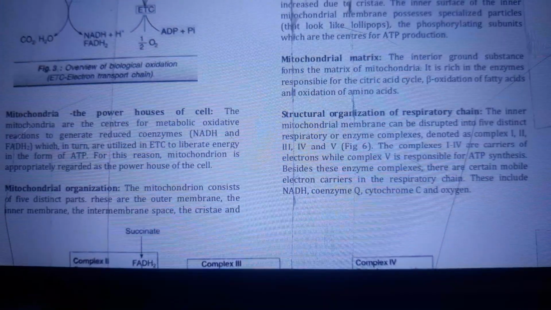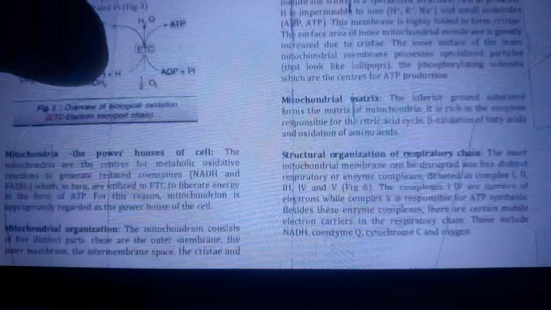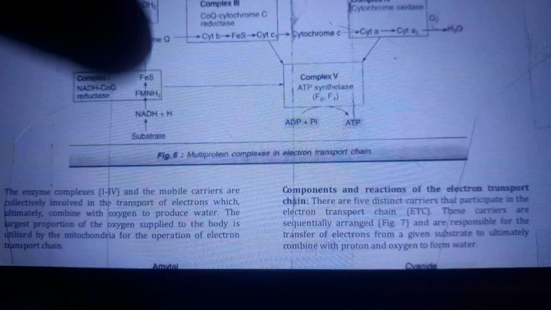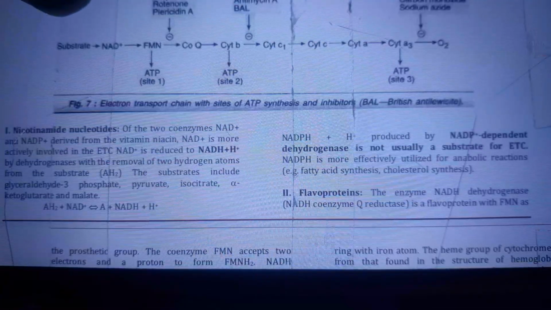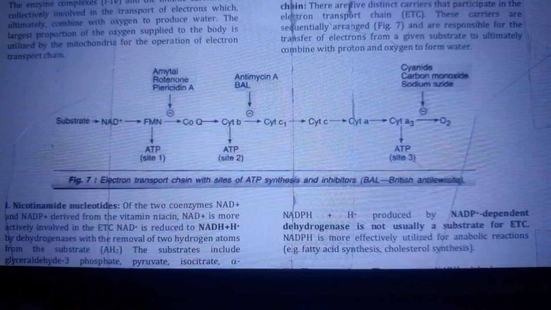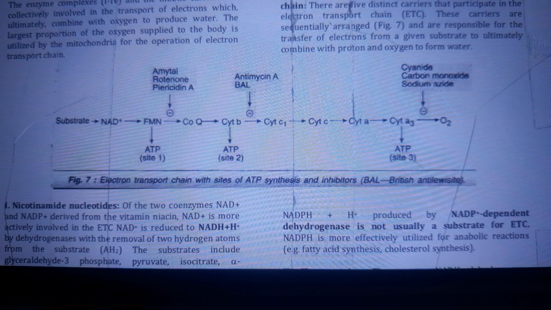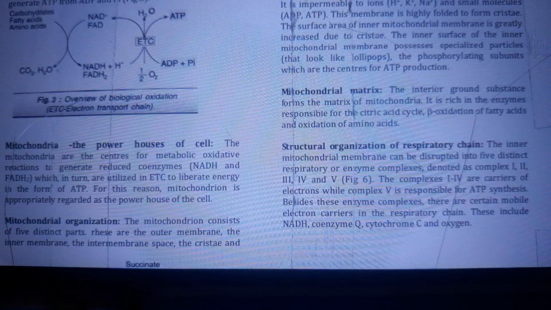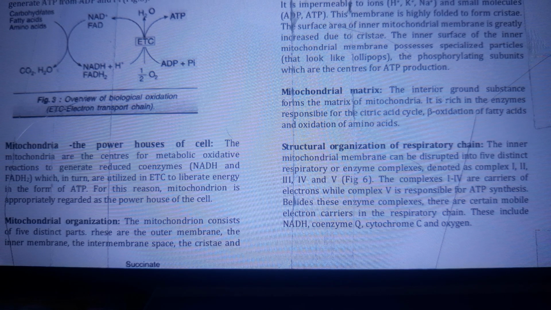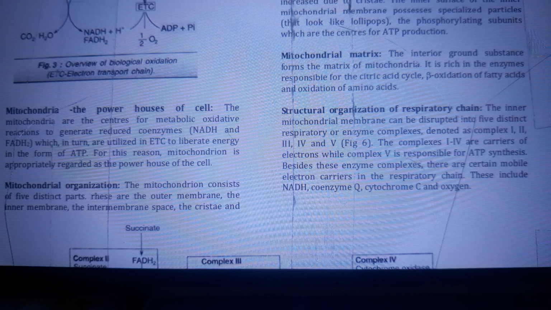The electron transport chain and the ATP synthetic system are located in the inner mitochondrial membrane, which is a specialized structure rich in proteins.